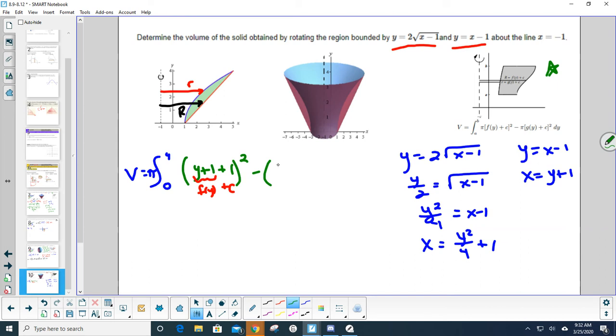So we're going to say y squared over 4 plus 1. And again, we're going to add plus 1 to it, squared dy. And looking at my cheat sheet, this is like my g of y plus my c.